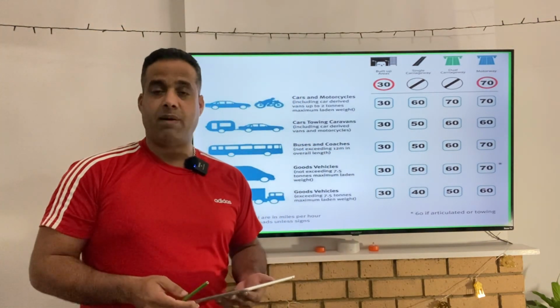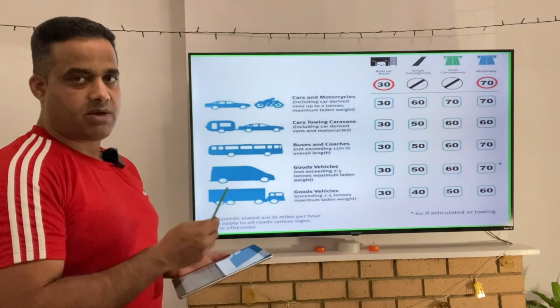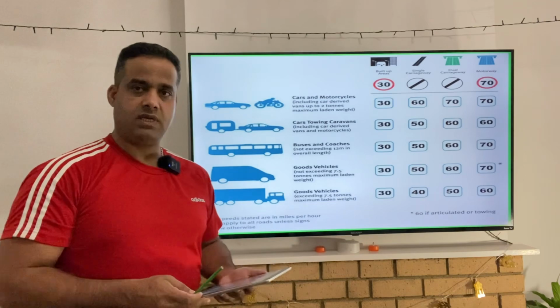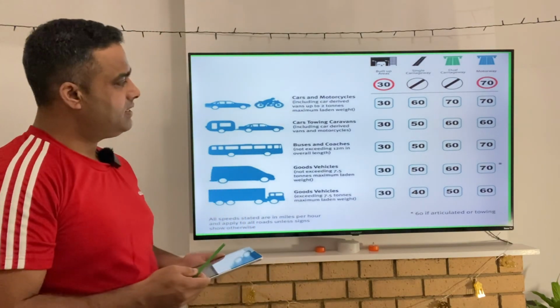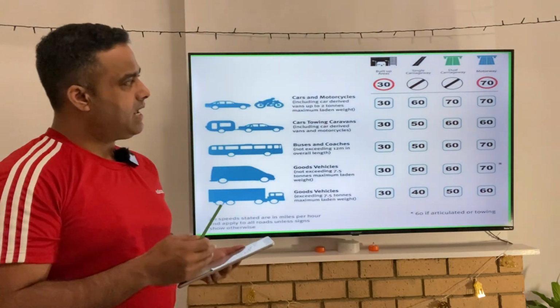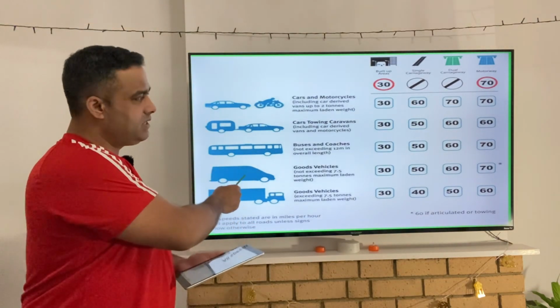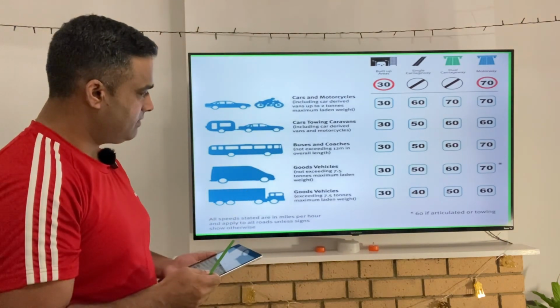Goods vehicle up to 7.5 ton weight, built up area 30, single carriageway, countryside roads 50, and dual carriageway 60, and on motorway they can do 70 as well, up to 7.5 ton weight.